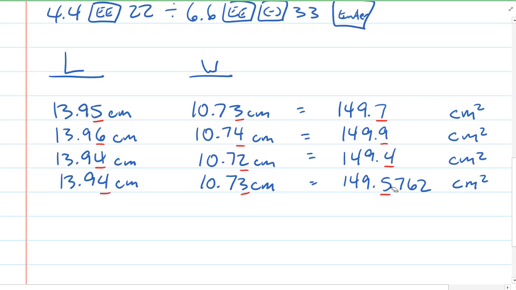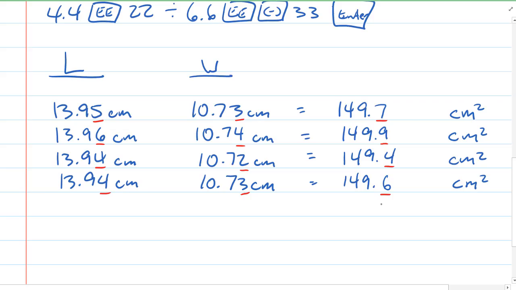And the last one to 149.6. So if the digit after the one we want to retain is 5 or greater, we round up. If it's less than 5, we round down. So we rounded up on a couple of them because we look at the digit that comes immediately after. If it's a 5 or larger, we round up. And so this is the way that these would be rounded off.